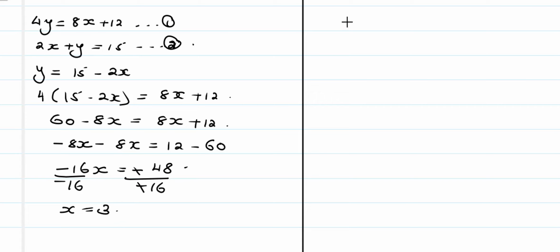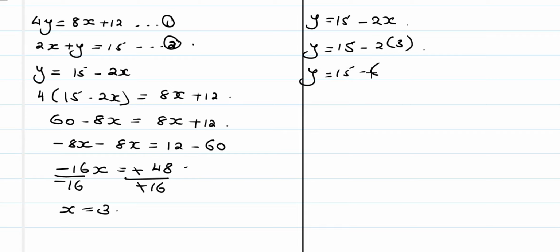So since I have the value of x, I can find the value of y, but I already know y is equal to 15 minus 2x. So y is equal to 15 minus 2, but I know x is 3, so it becomes y is equal to 15 minus 6, which is 9. So the solution for this question is x is equal to 3 and y is equal to 9.